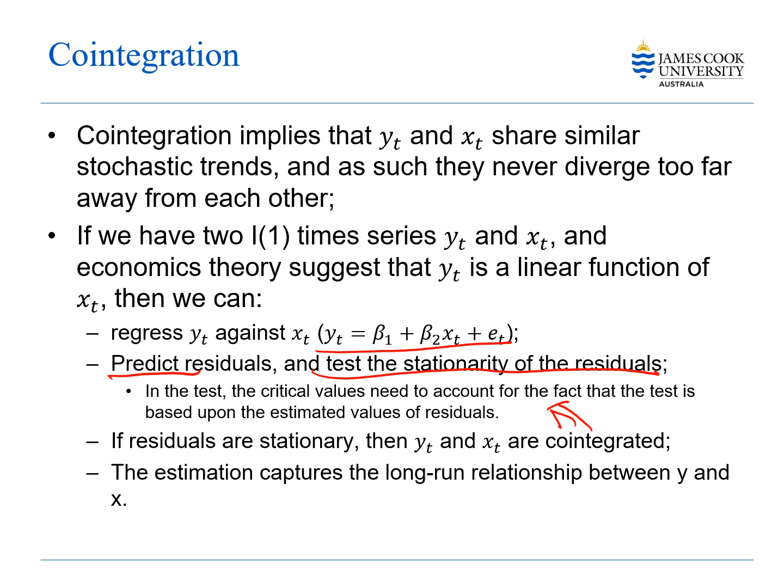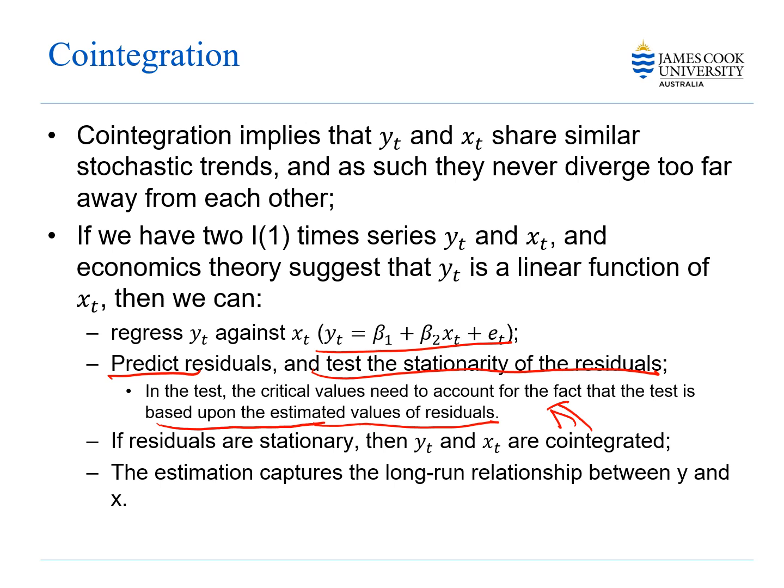So the critical value needs to account for the fact that the test is based on the estimated value of residuals. Okay. So again, if we use a proper statistical package, this will be accounted for automatically by the package.